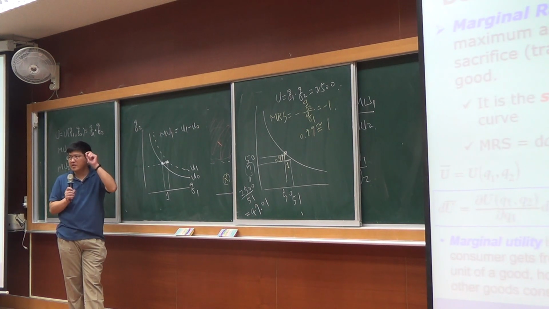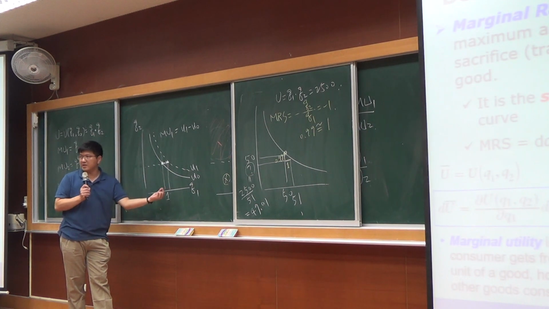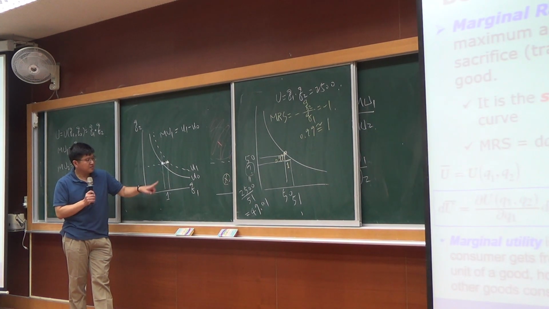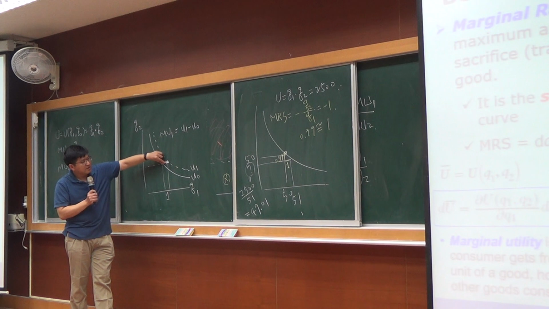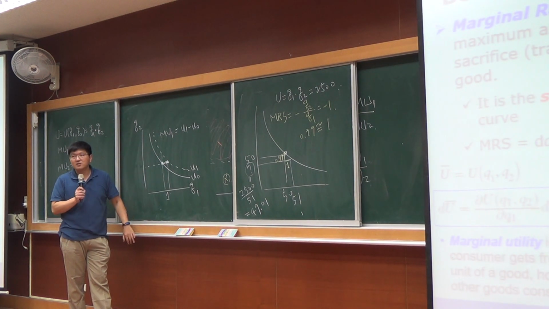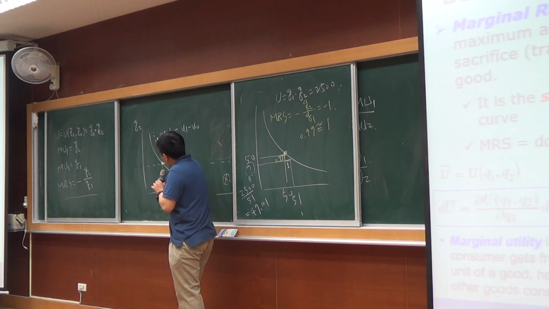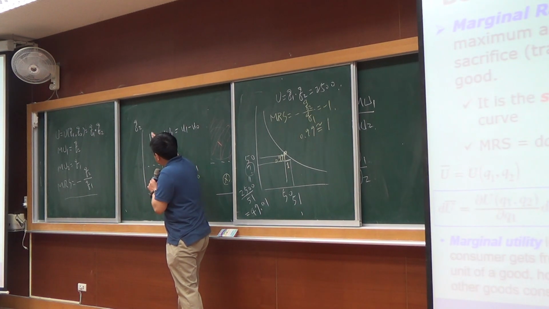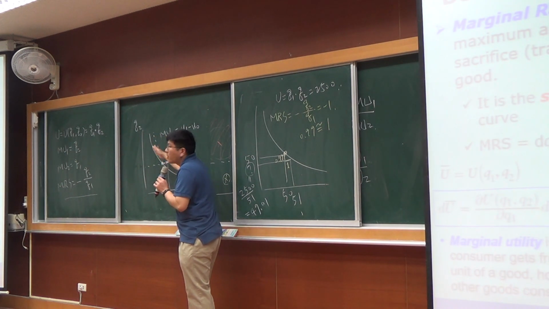And 1 unit is just a conceptual thing. It's a tiny unit. If we increase Q1 a little bit, we may increase from here to here, or to here, okay? And we'd like to know the change in utility. If we make it smaller, you'll see the indifference curve will be closer and closer to the original one.